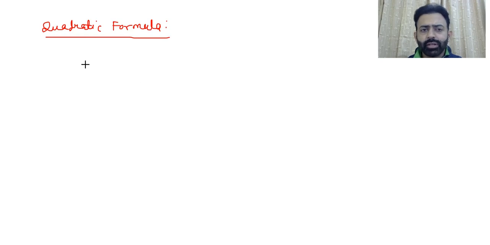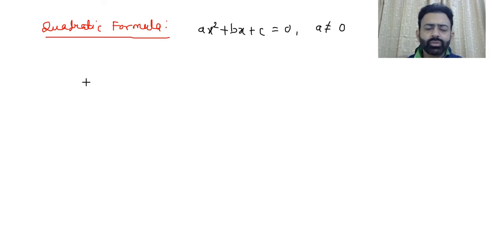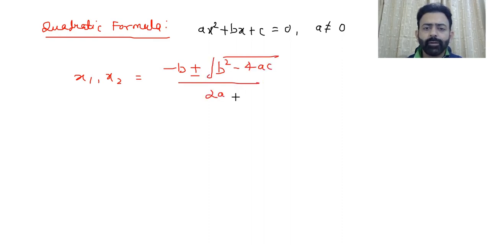Which is that if the function is of the type ax square plus bx plus c equal to 0, a is not equal to 0, in this quadratic equation, the roots x1 and x2 are given by minus b plus minus square root of b square minus 4ac, over 2a. Okay, this is your quadratic formula.